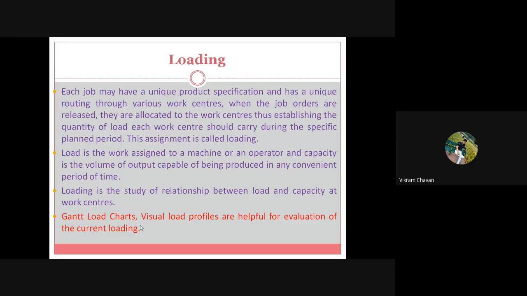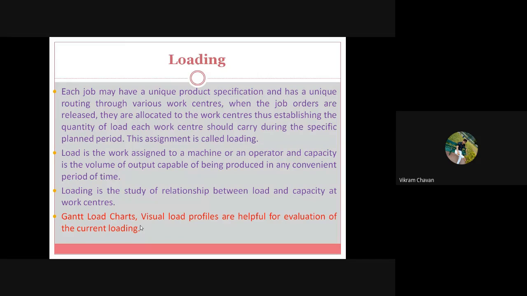That will be evaluated using the Gantt chart or visual load profile, and this will generate proper information about the workstations, or the shop floors, so that it is easy to compare the planned and the actual on a time basis.